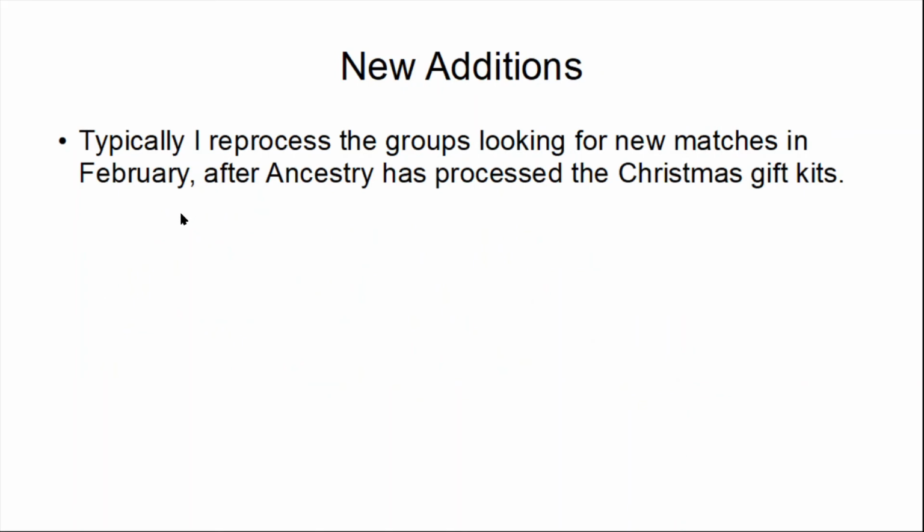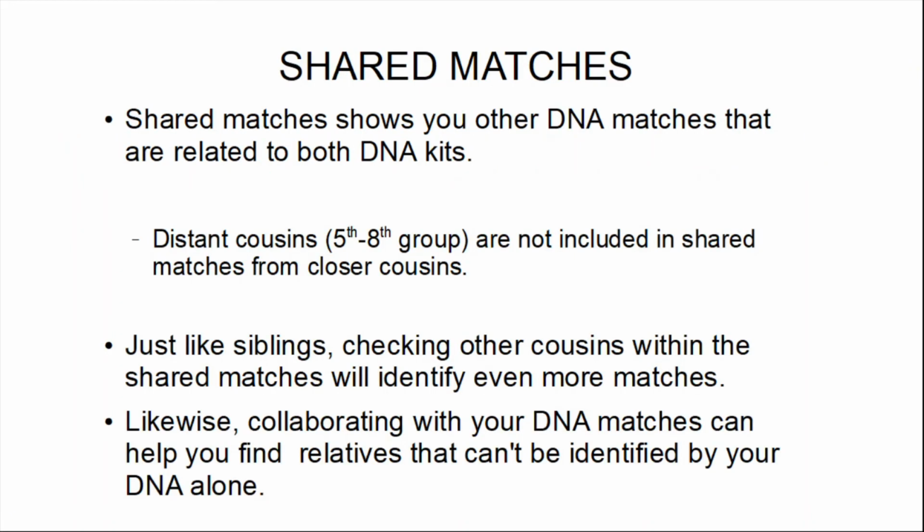Typically, I reprocess the groups looking for new matches in February. That gives Ancestry enough time to have processed the Christmas gifts. Shared matches show you other DNA matches that are related to both DNA kits. Remember that distant cousins are not included in shared matches from closer cousins.